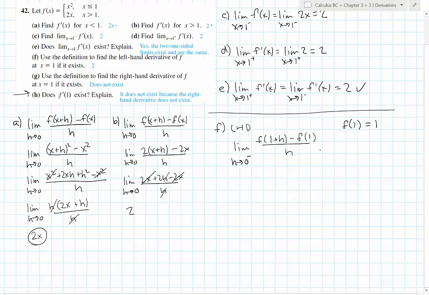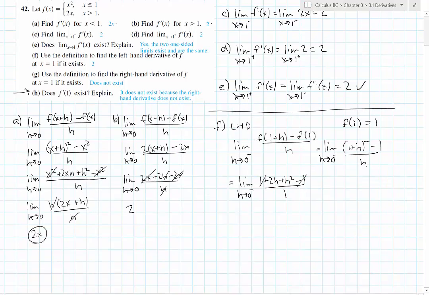So now we have the limit as h approaches 0 from the negative side of f of 1 plus h minus f of 1, over h. h is a little bit negative, so we're a little bit below 1, so that's going to be 1 plus h squared minus 1 over h, which is equal to the limit as h approaches 0 from the negative side of 1 plus 2h plus h squared minus 1 over h.